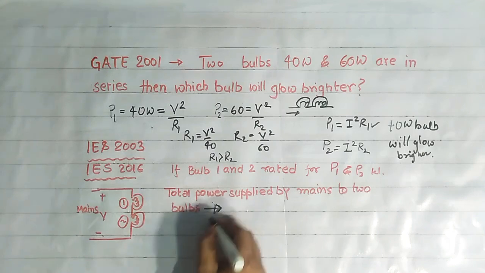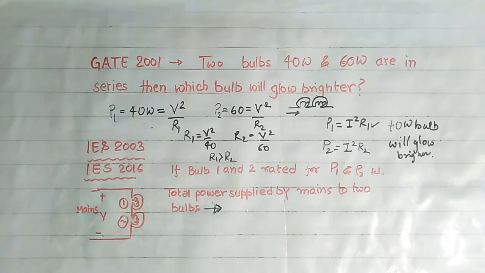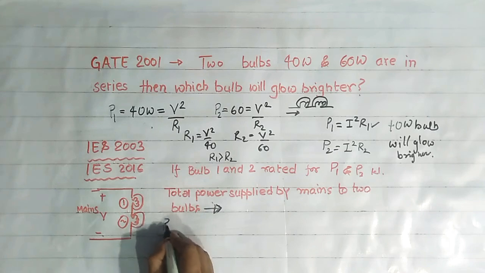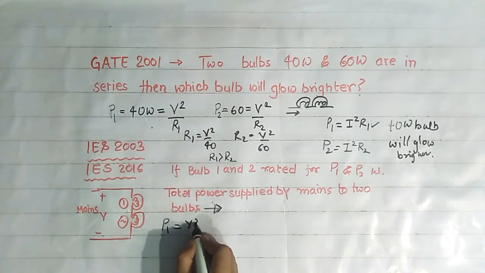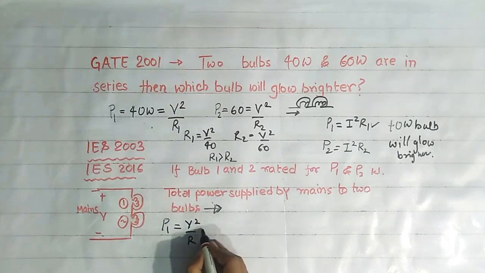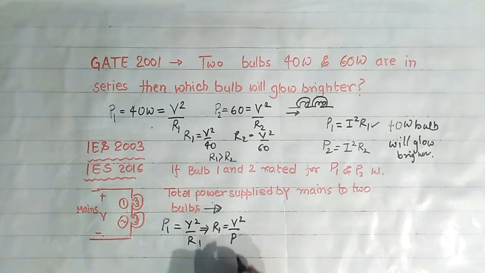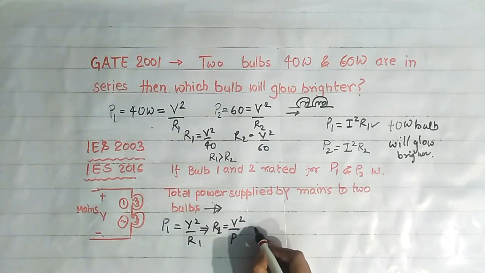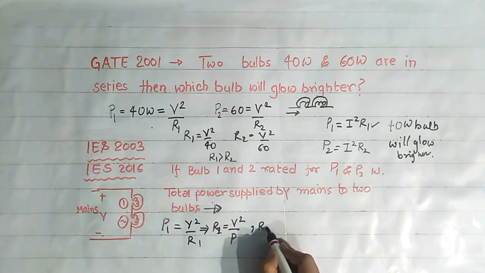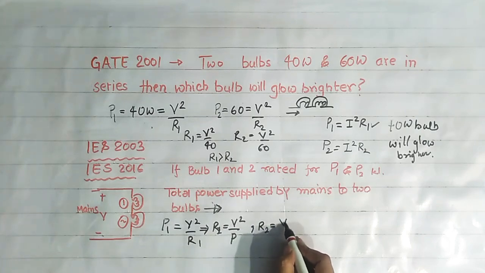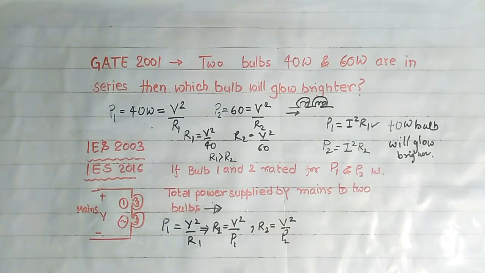We know that rating of bulb 1 is P1, that is equals to V square by R1. So from this we get R1 is equals to V square by P1. Similarly, we can write R2 is equals to V square by P2.